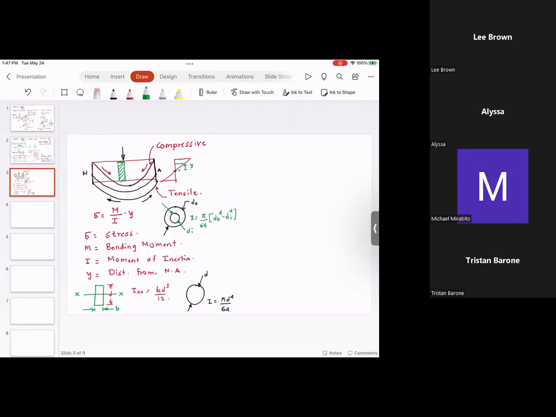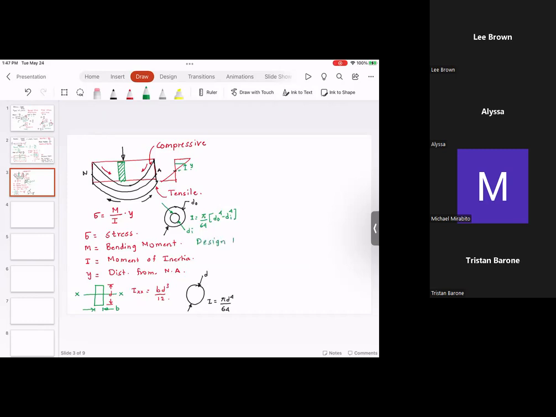Now, if you have a composite cross section, then you will have to use something called the parallel axis theorem. Or in many cases, the easiest way is to look at the table or at something called the design data book, and you'll hear this a lot.